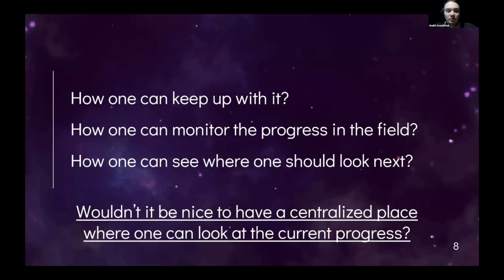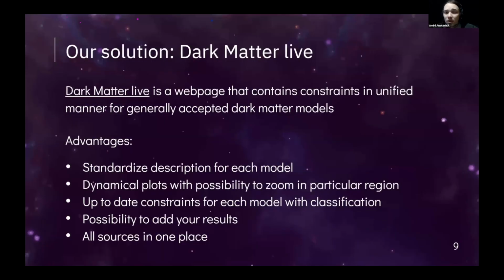We also thought about this problem, and we thought, wouldn't it be nice to have a centralized place where one can look at the current progress? We came up with an idea that we think can solve this problem, and we named it Dark Matter Live. This is a web page that contains constraints in a unified manner for generally accepted dark matter models.